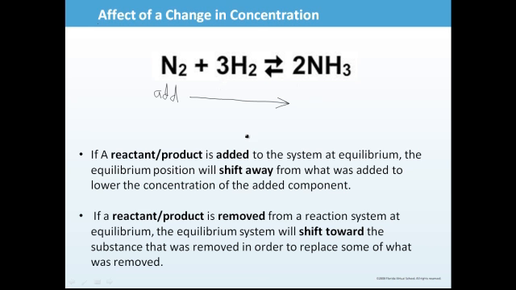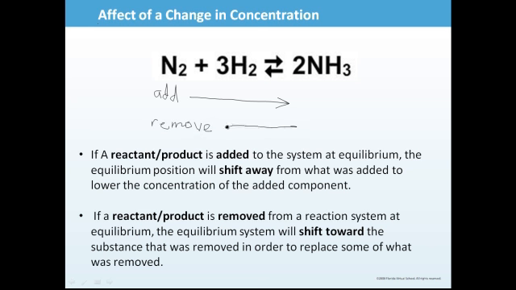If we remove one of them, then it's actually going to shift towards it. So if we remove some nitrogen, using this one as our example, then there's a gap there, or an empty vessel, however you want to think of it, and we need to fill it back in.